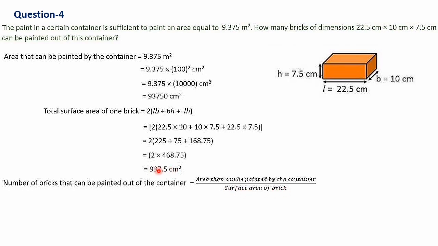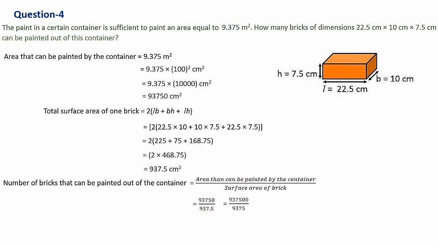This is area of one brick. That is equal to 93,750. That is the total area which we can paint by using the given quantity of paint. 93,750 we substituted. Total surface area of one brick is 937.5.